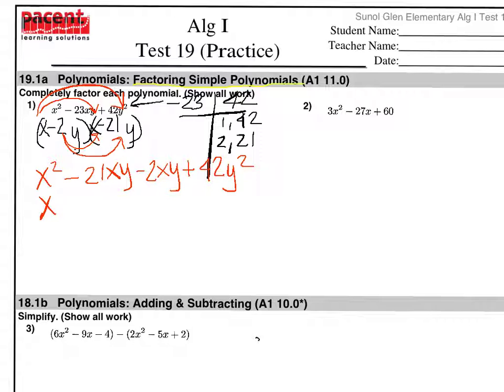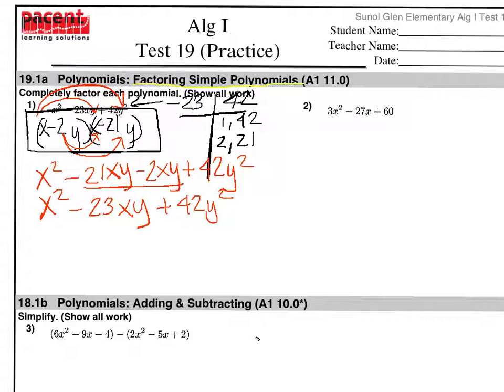And when I combine my middle terms, these guys here, I end up with a negative 23xy, because 2 plus 21 is 23, both negatives, plus a 42y squared. Now, is this what I started with? It is, which means that I can go ahead and box this as my final answer.